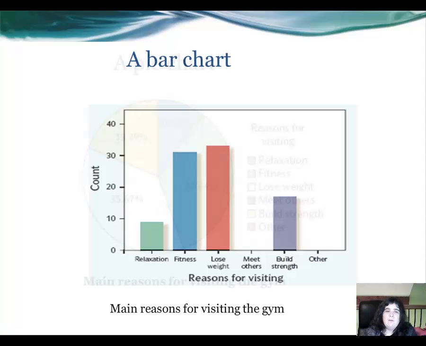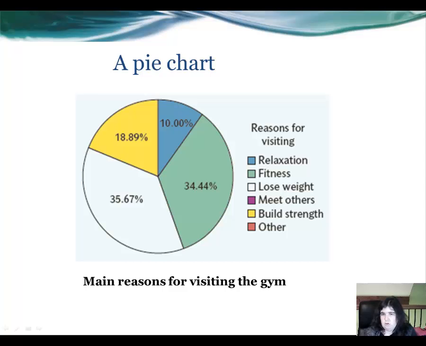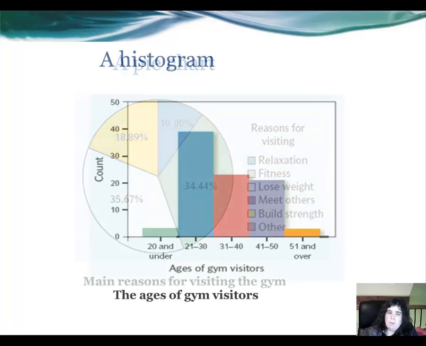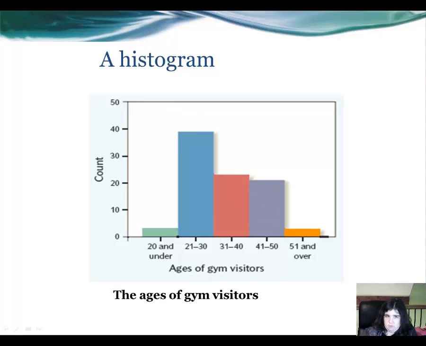And then we have a pie chart. And the pie chart is also showing maybe their reasons for visiting the gym. And again, a visual of the results actually helps the reader to understand what is being communicated. Then we have a histogram. A histogram presenting the bars closer together, showing the variances amongst the different age categories.